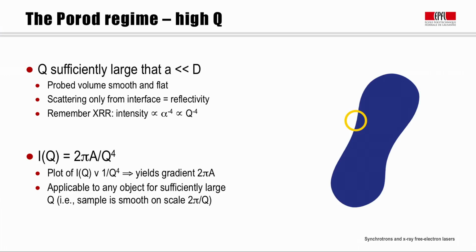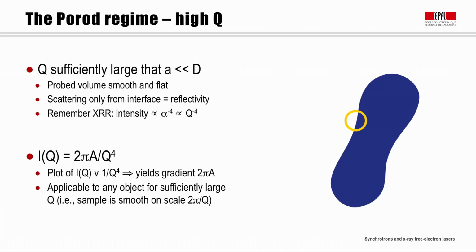The Porod regime describes the other end of the scale at large Q, where length scales much smaller than the object are being probed. Now, if this is small enough, the X-rays will see the object as being smooth on this scale, as within this small yellow circle shown here.